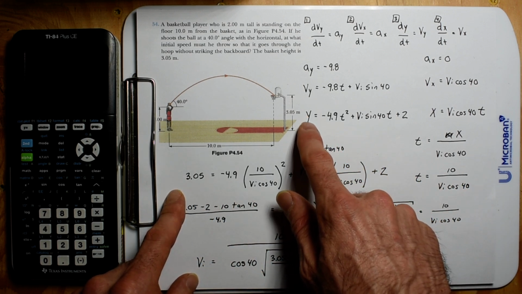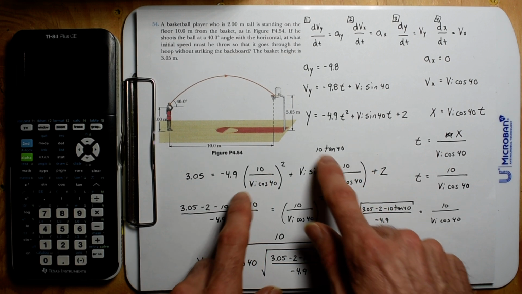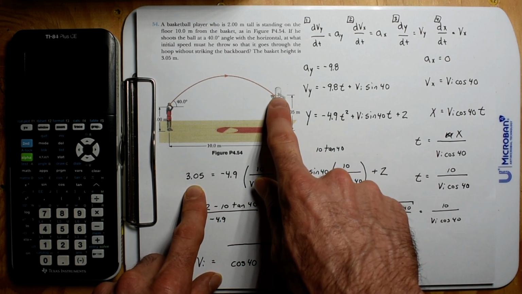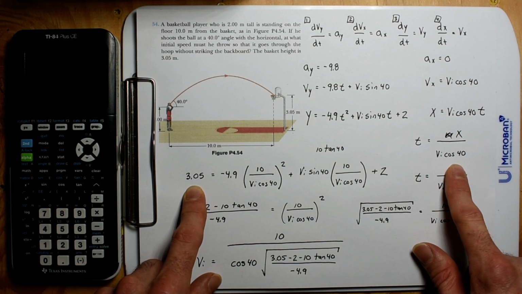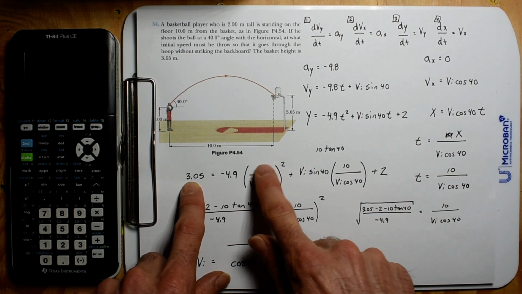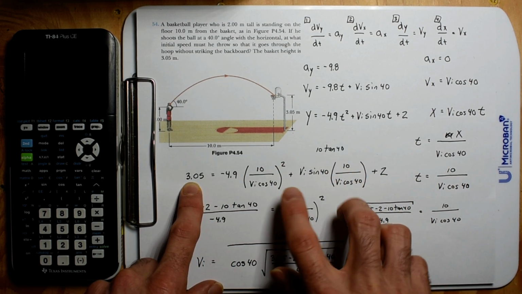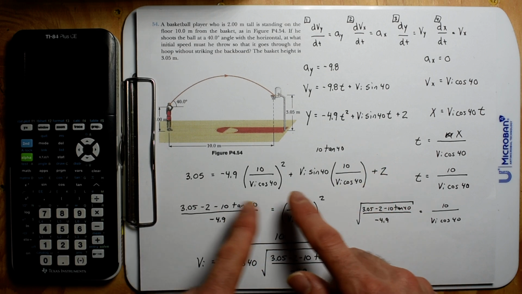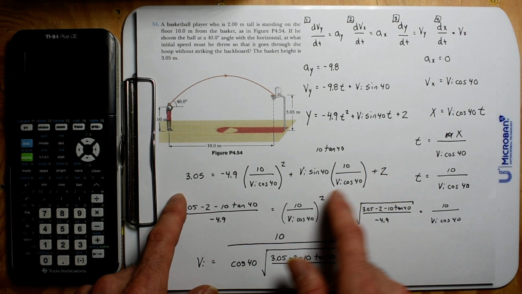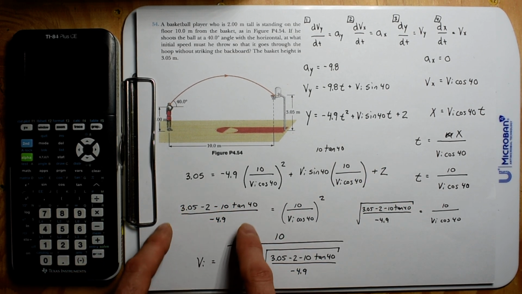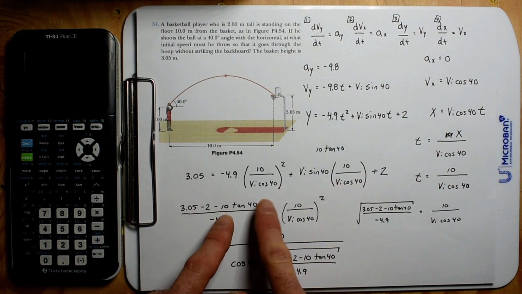So we're going to evaluate this, where t is associated with y being 3.05 and x being 10. That's going to be the same time, so this is how those equations compile together. And there's no quadratic equation needed.